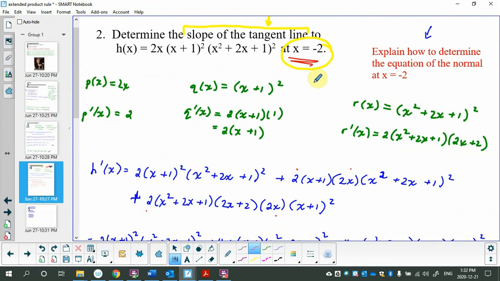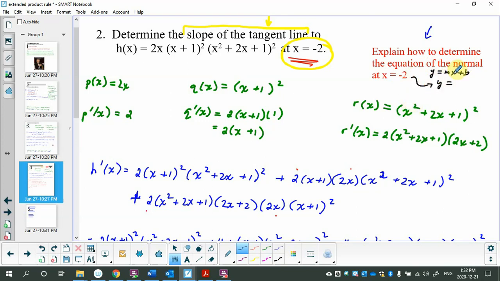Now to explain this. So I'm going to re-explain how to determine the equation of the normal. So first of all, the equation means I'd have to dig out y equals mx plus b. I'd have to find a y by subbing that into the original.